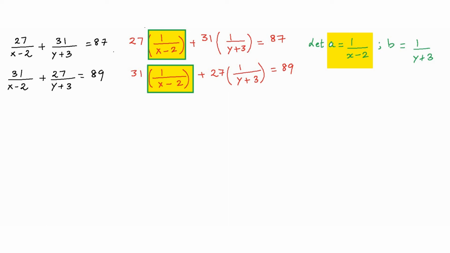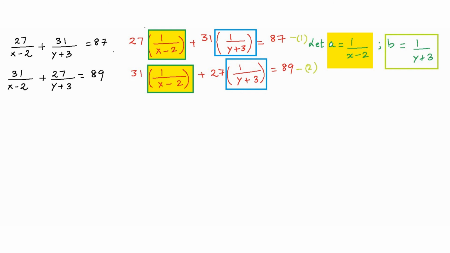You will notice that you have 1 by y plus 3 in both the equations, and this 1 by y plus 3 is now going to be replaced by the variable b, right? So let's mark these as equations 1 and 2.